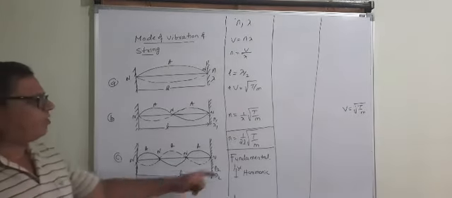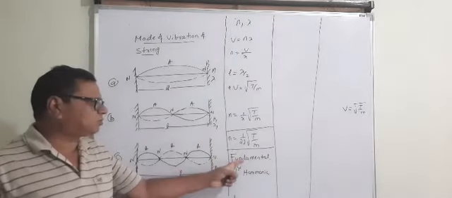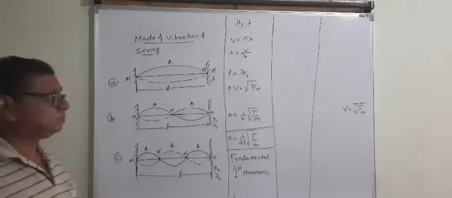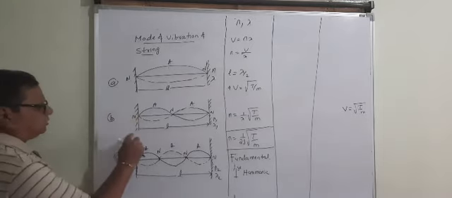The frequency of vibration in the simplest mode is called fundamental frequency or first harmonic. The second mode of vibration is as shown in figure B.